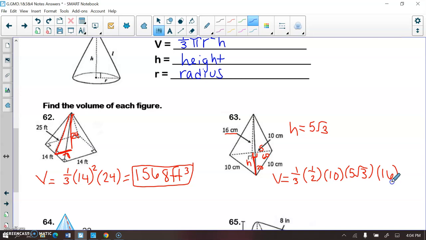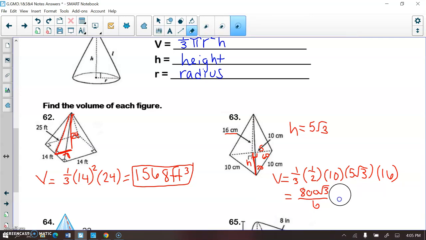So if I asked you for exact format, you would do a 16 times a 5 times a 10 to get an 800, and then a √3 in the numerator, all over a 3 times a 2 in the denominator, which is 6. This would be if I asked you for the exact, and actually that can be simplified even. It can be 400/3.